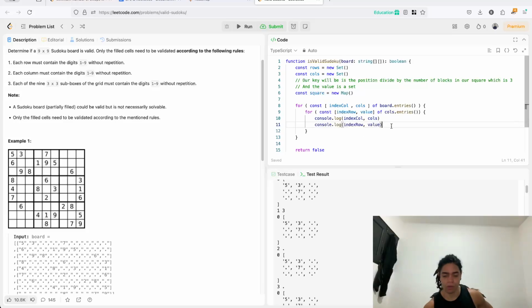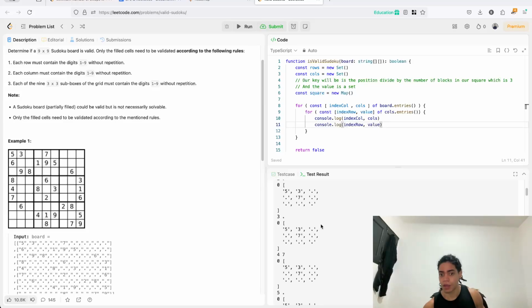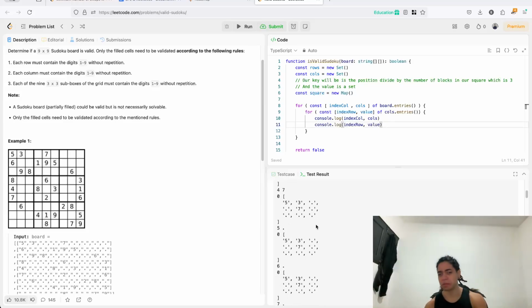So if the value at that position and at that index is here, this is quite a little bit complicated. No, it's not complicated. It's because I don't understand it. I don't get it.